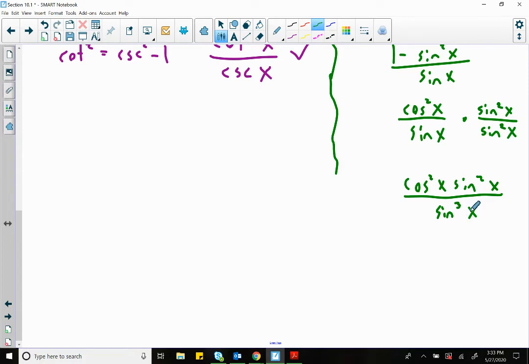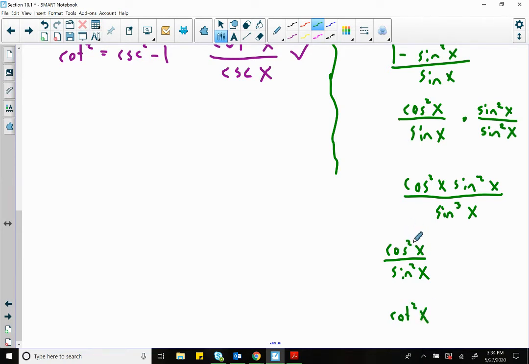I'm going to move and create cosine squared x over sine squared x. Okay? That right there is cotangent squared x.